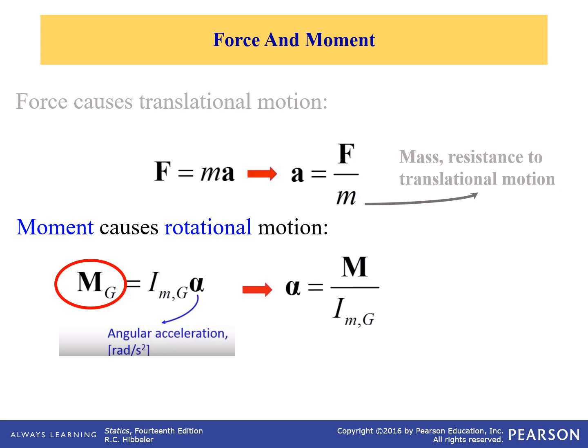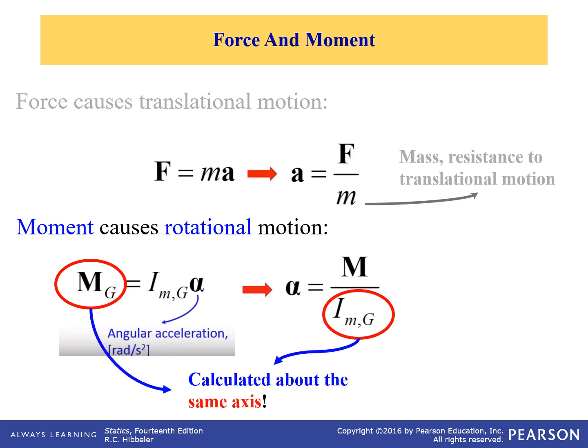To be more specific, the moment M_G and the area moment of inertia or mass moment of inertia in the same equation are calculated about the same axis. So they are about the same axis, and here the G means the axis passes through the gravitational center of the body.